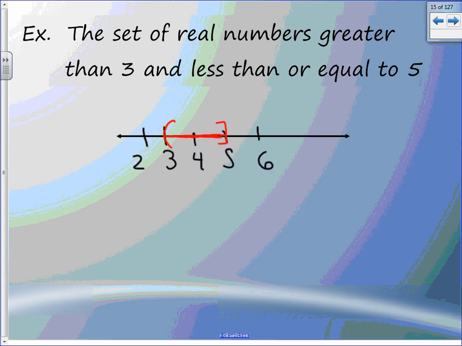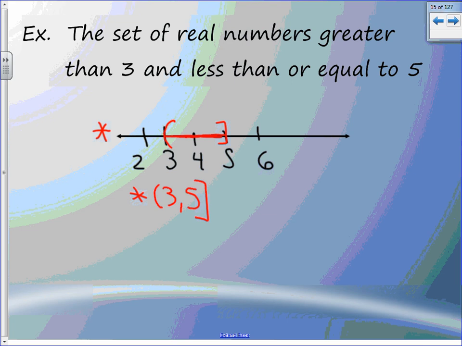So that's the graph, and then the answer is (3, 5]. So this is the answer, this is the graph. So if it asks for the graph, this is the graph, and this is just the answer.